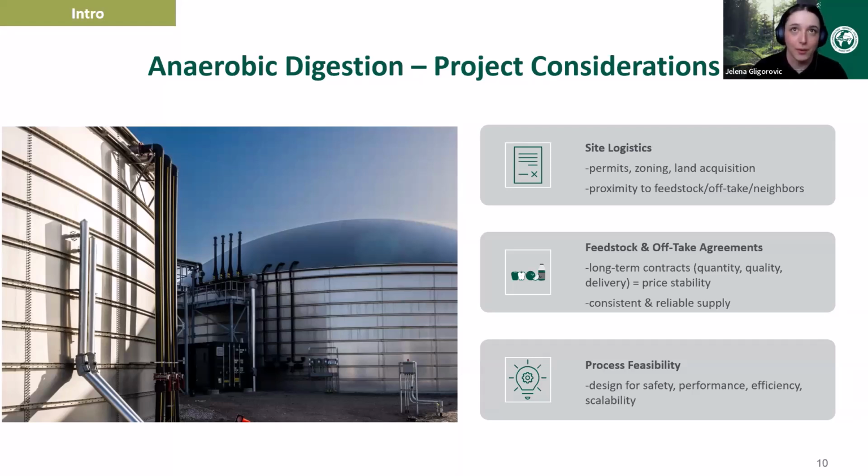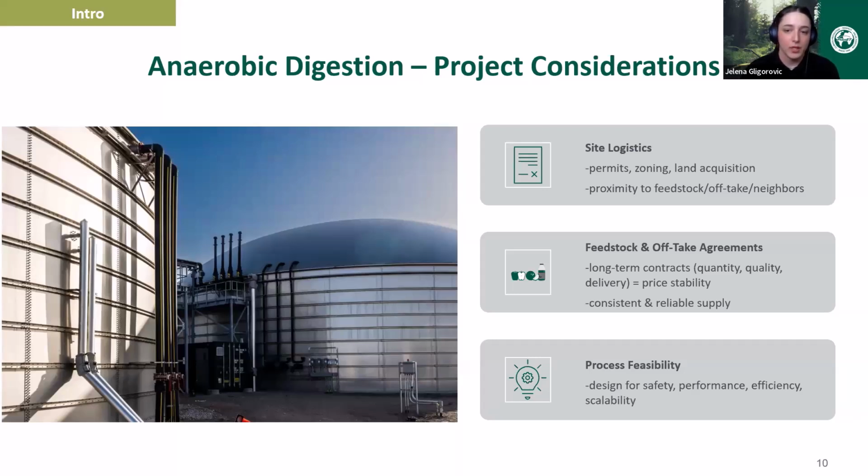Not referring to actual garbage, but if you don't know what you're getting in the facility, it's extremely difficult to design a process in an effective manner that allows you to know what you're getting on the output and to meet the requirements for your offtake agreement. So these agreements are very critical to a project.